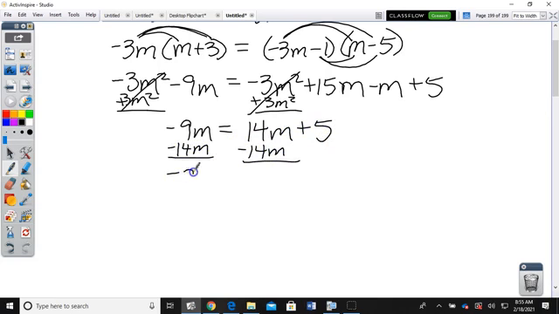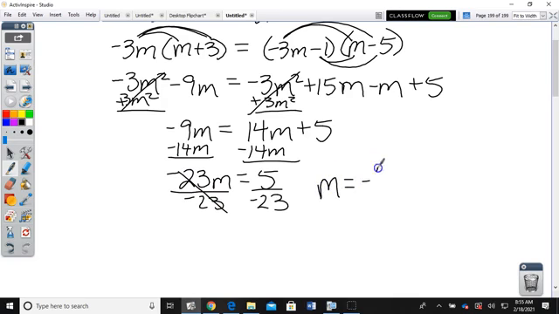That's negative 23m. Is that right? Yes. And then divide by negative 23. Why is it always the ugliest numbers? So my answer is m equals negative 5/23.